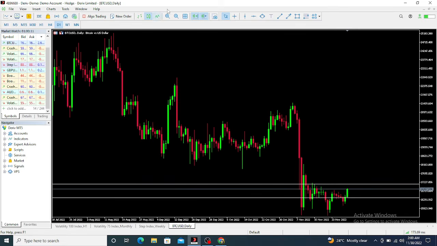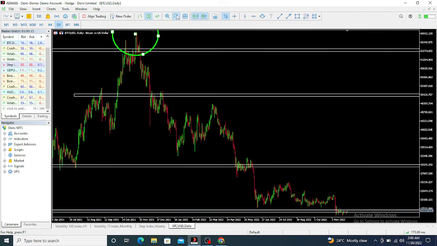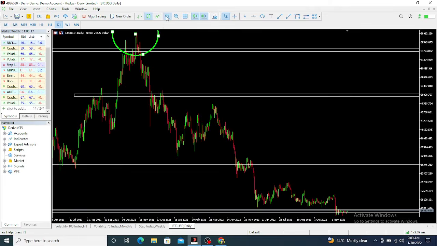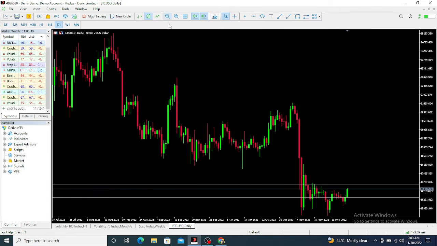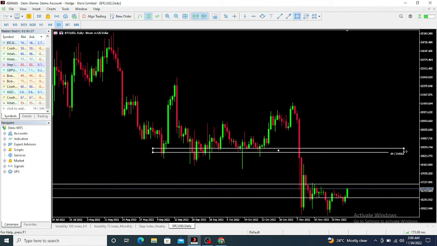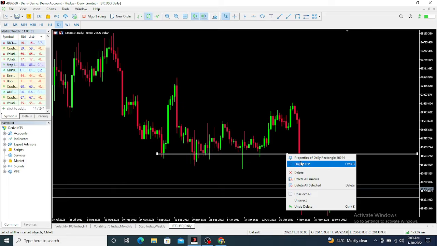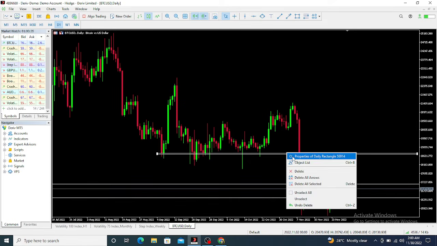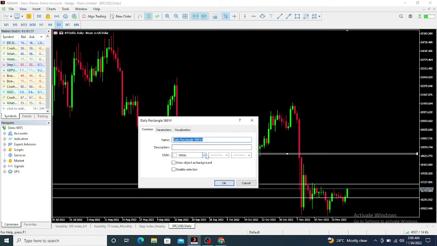Okay, let's scale down to the 1 day time frame. Let's see if we can find minor levels. To me there is no strong minor level, but if you want to take a level into consideration, it could be somewhere here, it could be this level.